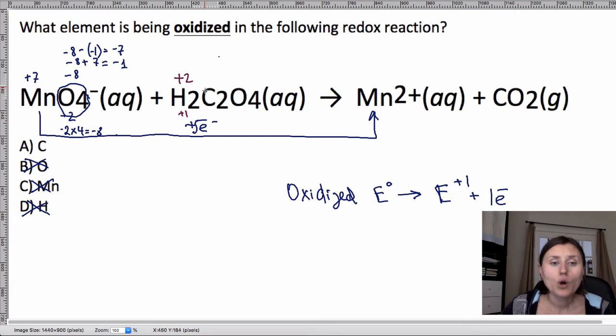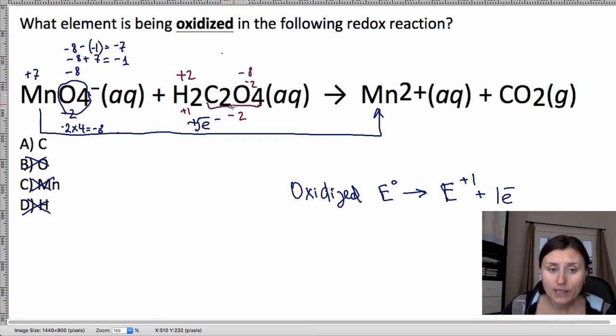So that means that the whole C2O4 part would be -2, okay? And we know that oxygen is always -2, but the 4 oxygens would make it -8.